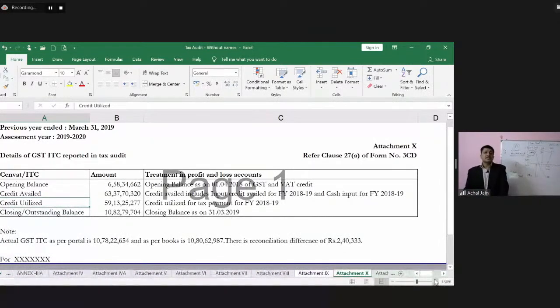Now, what will be the basis of verification of this? For the purposes of verification of this input, etc., 2 records will be reviewed by the auditor. One is the books of accounts, because in the books of accounts, input, credit, etc., would be recorded by the management. And from the books of accounts, auditor can capture all of this information.